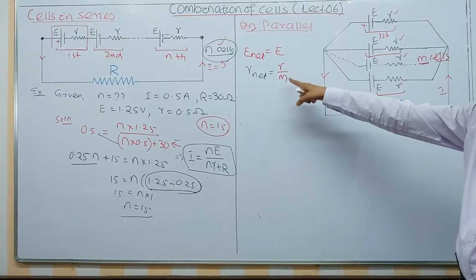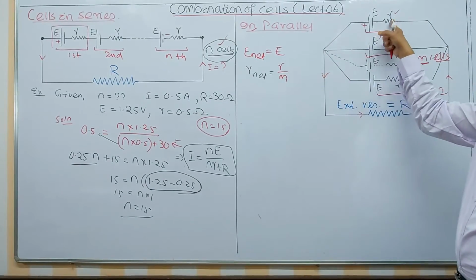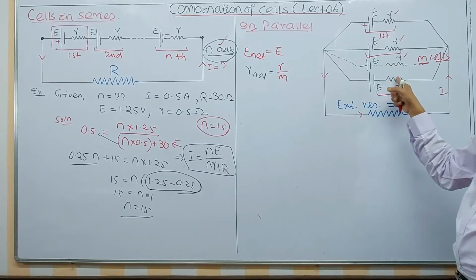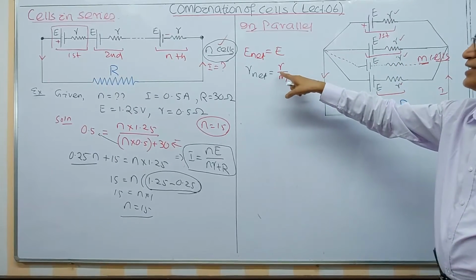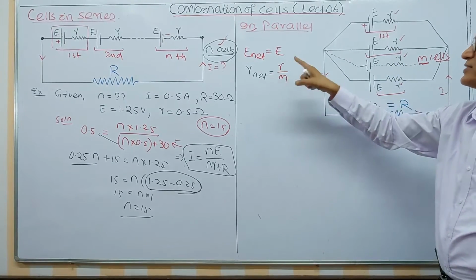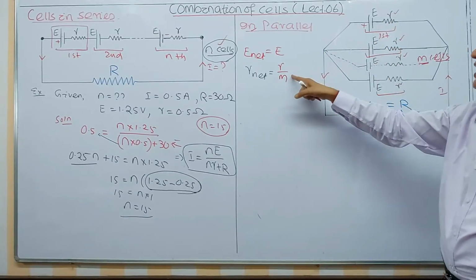That's why you can apply this formula directly. Since these are connected in parallel, this net internal resistance is R by M.